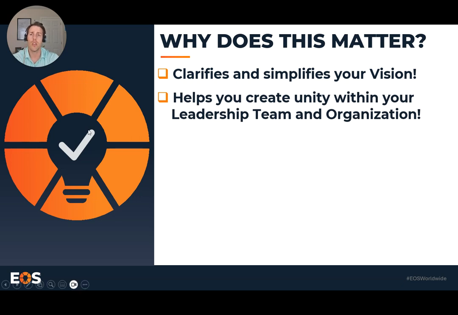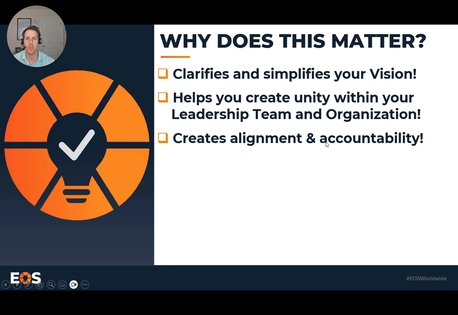Also, it helps you create unity within your organization. So it really does come down to how do you create maximum alignment within your organization, and not just at the organizational level, but first at the leadership team level. So where the leadership team goes, so goes the rest of the company. And so this idea of alignment and accountability is extremely important, and this is why it matters.